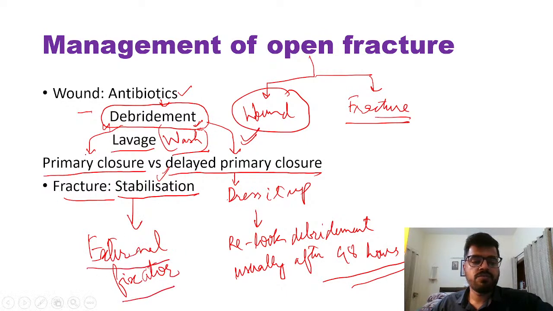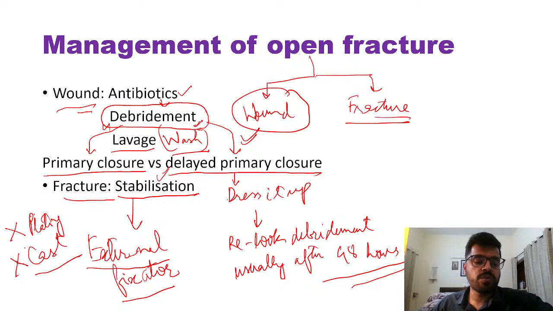Since the wound is infected, it's an open fracture, we can't go for internal fixation, we can't go for plating because that will lead to infection. We can't go for casting because that will lead to wound problems.